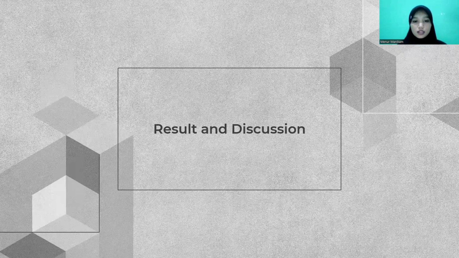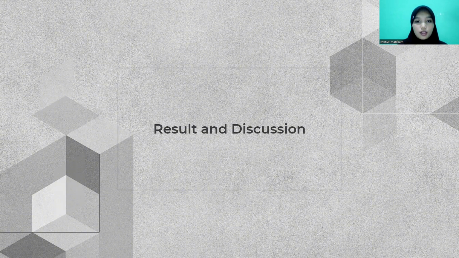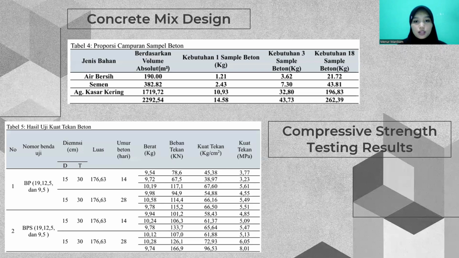Okay, the next discussion is result and discussion. First is the concrete mix design. This is conducted to determine the properties of the concrete mix materials by referring to ACI 522R-10.